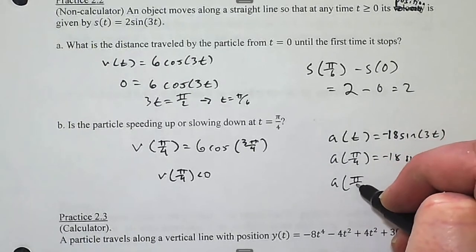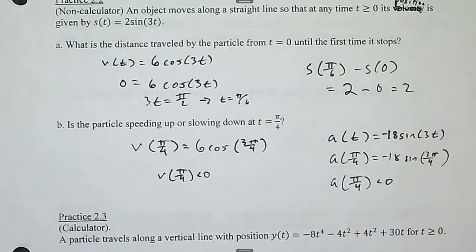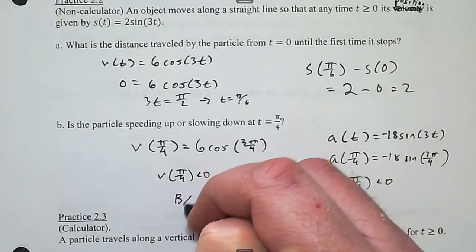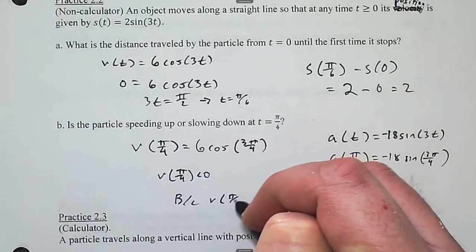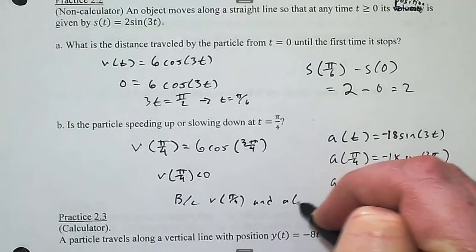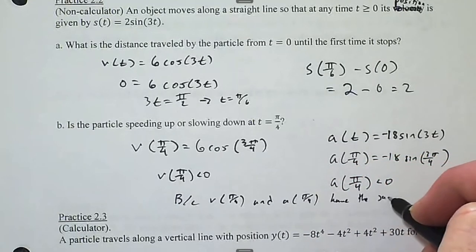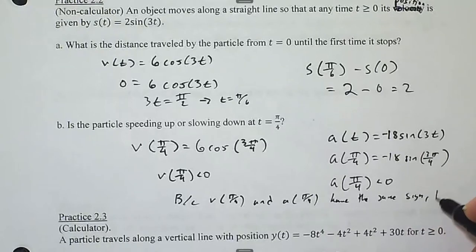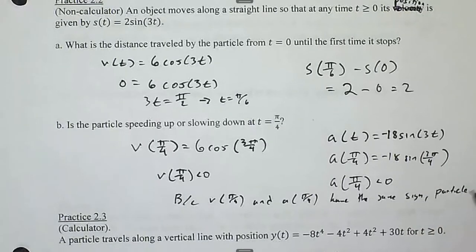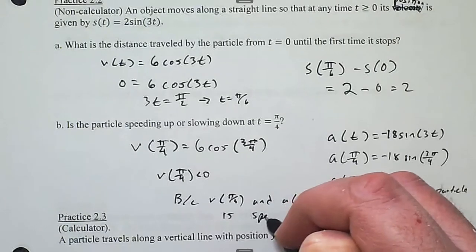So a of pi over 4 is also negative. Because v of pi over 4 and a of pi over 4 have the same sign, we know this particle is speeding up.